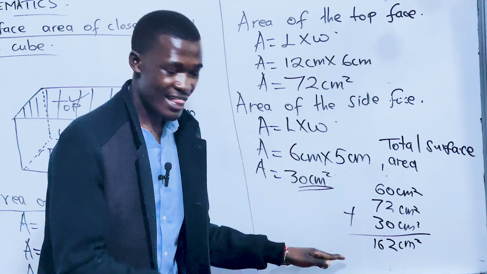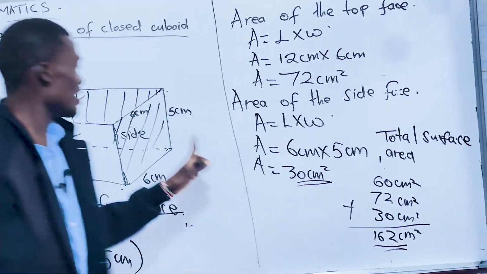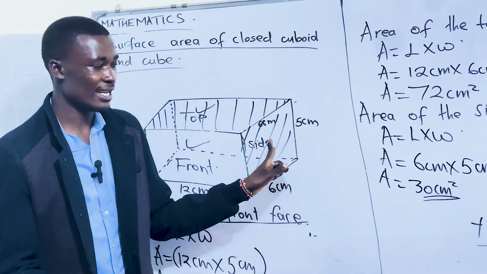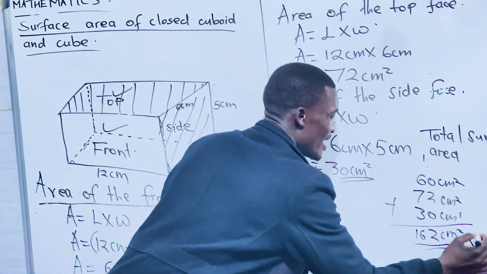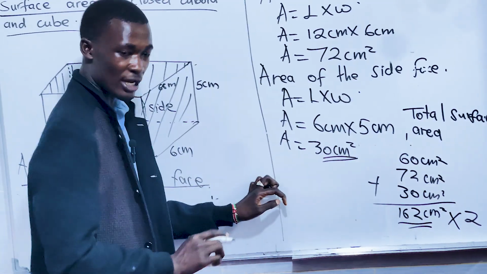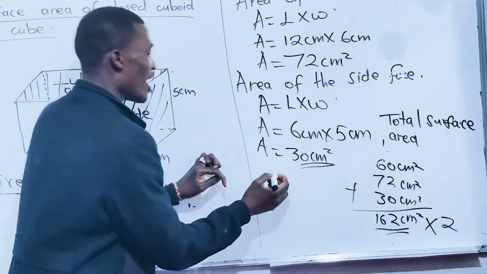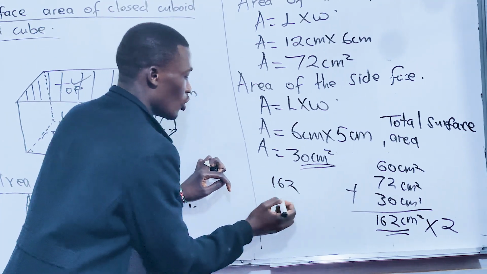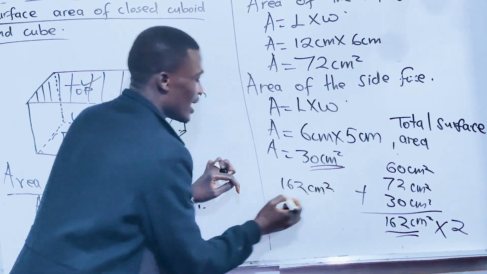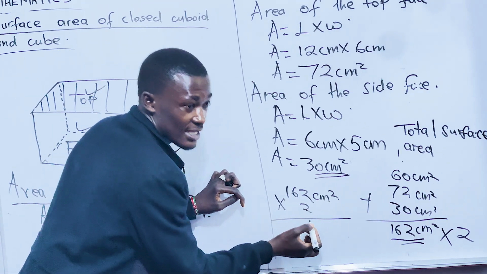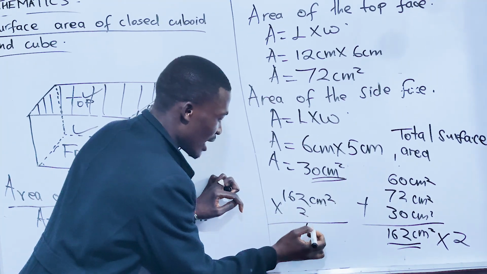Are we together? Then after adding the three parts, that is the top, the front, and the side, we multiply it by 2. So we want to see if we are still going to get 324. We have 162 centimeters squared times 2. Now 2 times 2 gives us 4. Write 4 there.